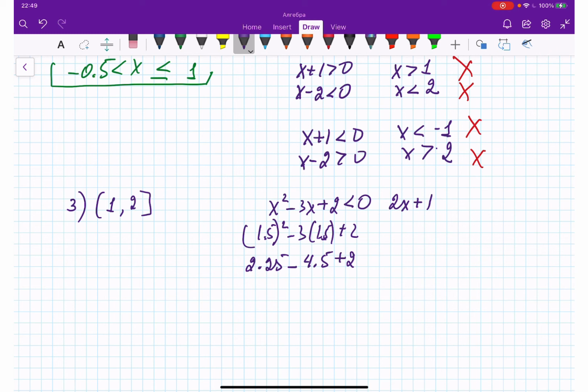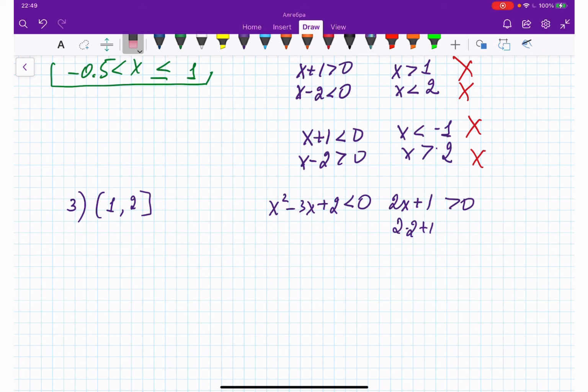So let me plug 2 in this case. 2 times 2 is 4, and then plus 1 is going to be greater than 0. Okay, we got it. Which means since x squared minus 3x plus 2 is less than 0, right? Then we are going to have negative x squared minus 3x plus 2.